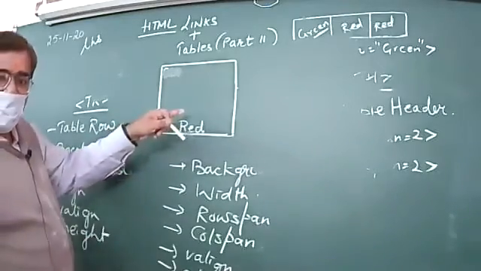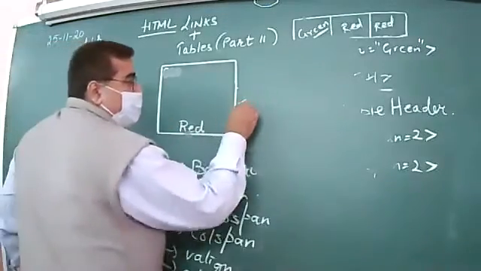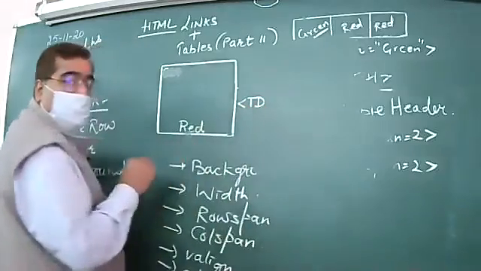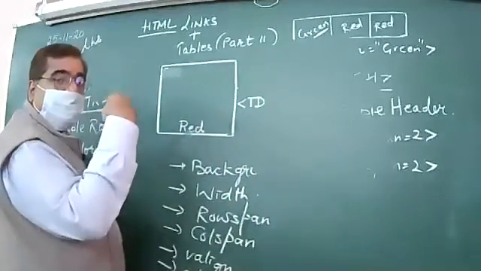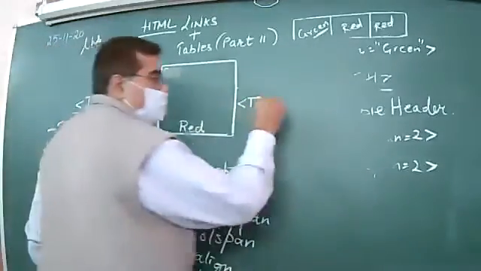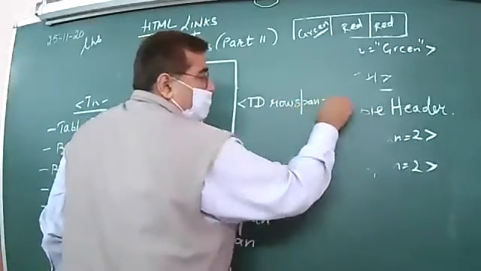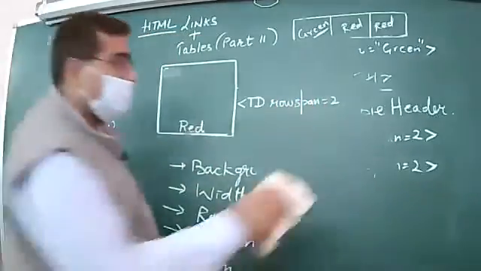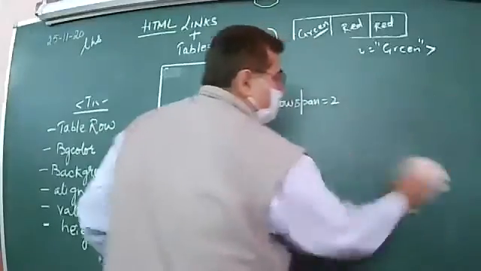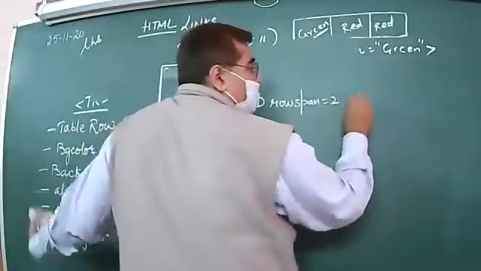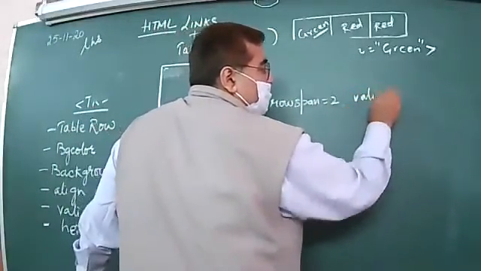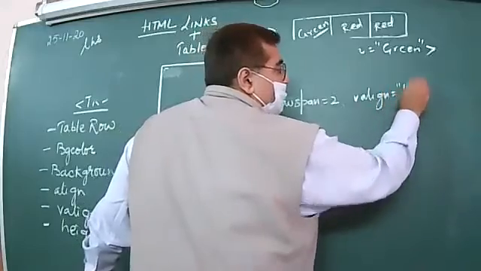for this cell, TD, take for example, this is row span 2. We align bottom.